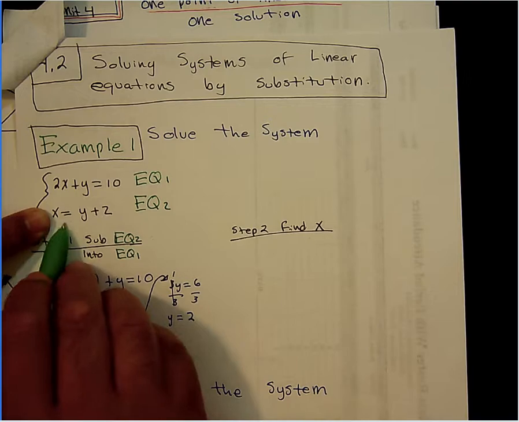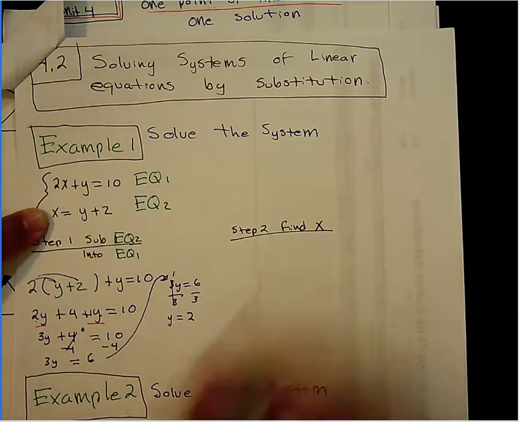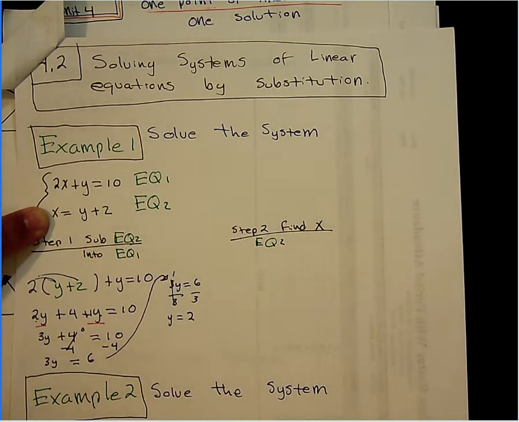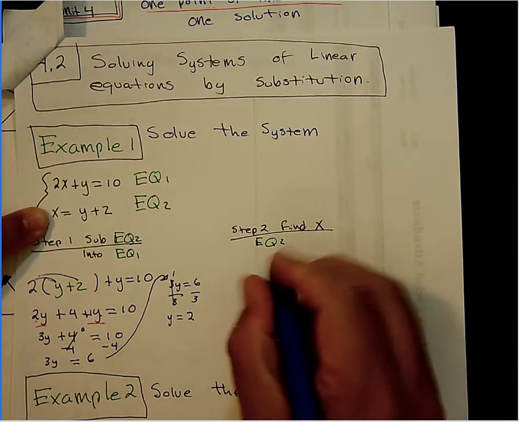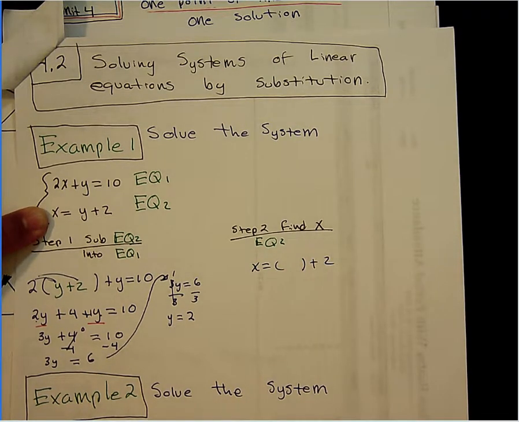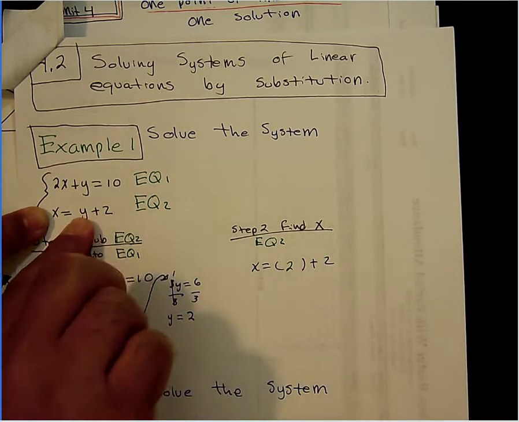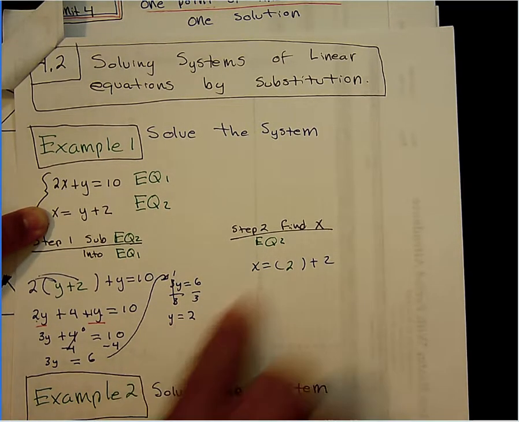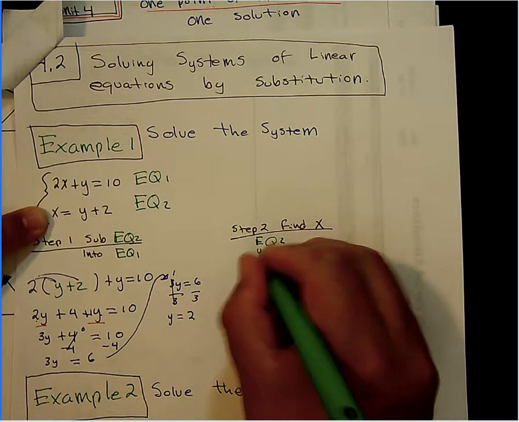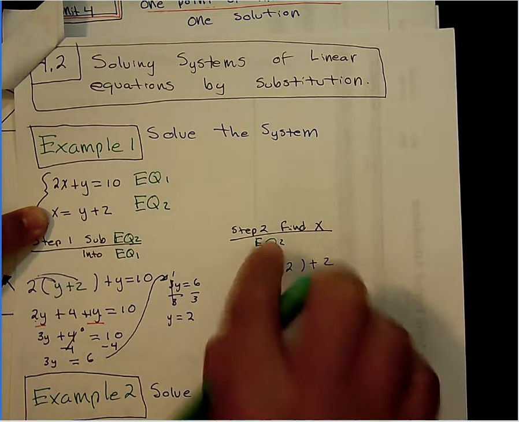I'm going to substitute into equation 2 just because it's easier; you could have used equation 1 also. So x equals parentheses plus 2, and what goes in equation 2? The y. Instead of that y, we're going to use 2, since y equals 2. I'm going to put it for the y in equation 2.